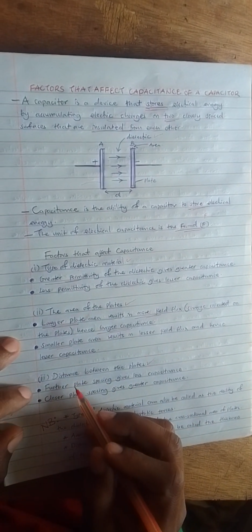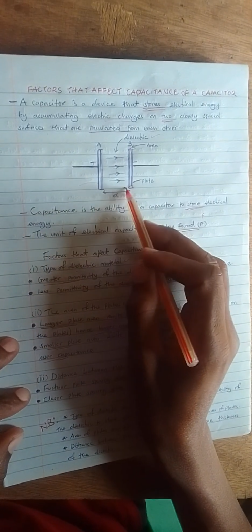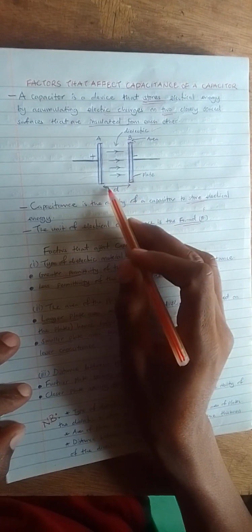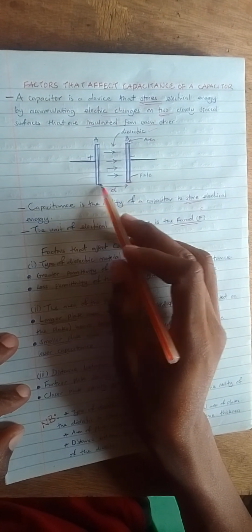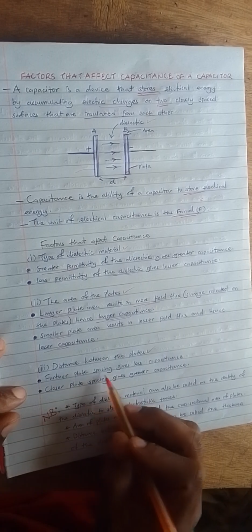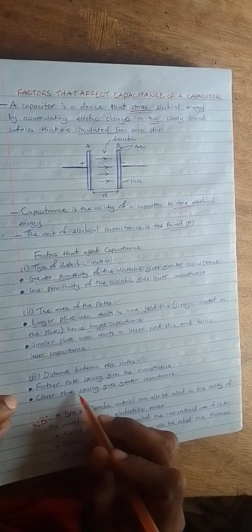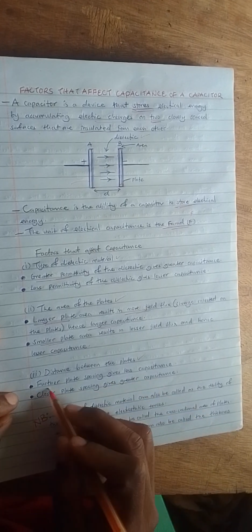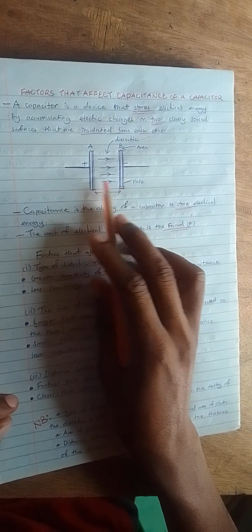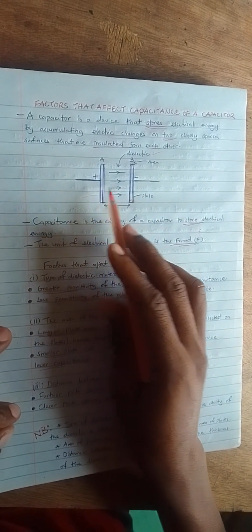Now, lastly, the distance between the plates. We mean this distance here, which I've named D. The distance D between the two plates is the one we are talking about. Further plate spacing gives less capacitance, while closer plate spacing gives greater capacitance. The closer the two plates, the higher the capacitance, while the further apart, the lesser the capacitance.